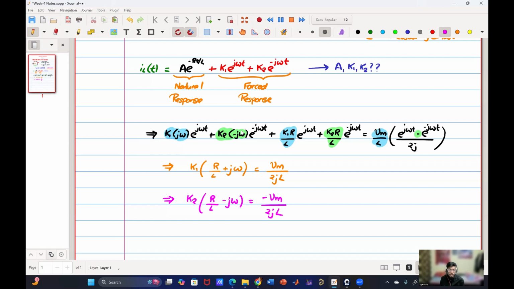Similarly, segregate e to the power minus j omega t terms on the LHS and the RHS and then combine them. Don't just calculate in your mind, you write. That's always a good practice. Once you write, you will get it. So everyone got this, right? I hope everyone is clear. Am I going too fast, or is the pace okay?